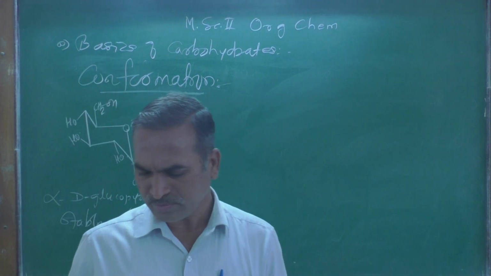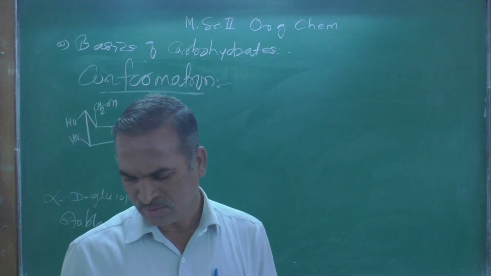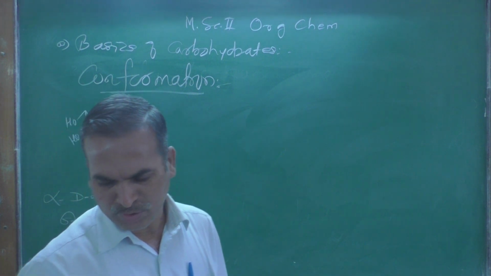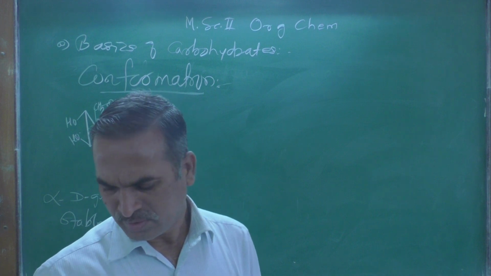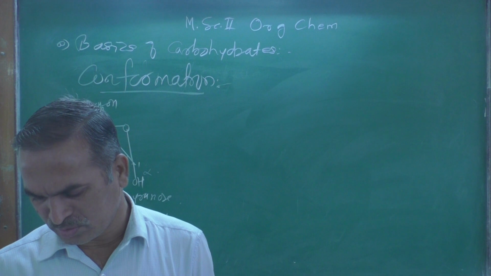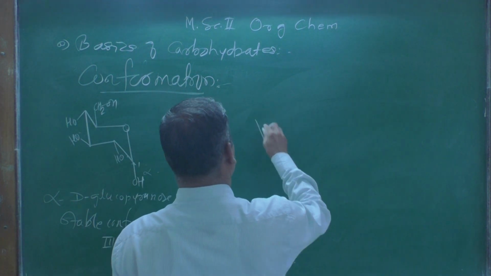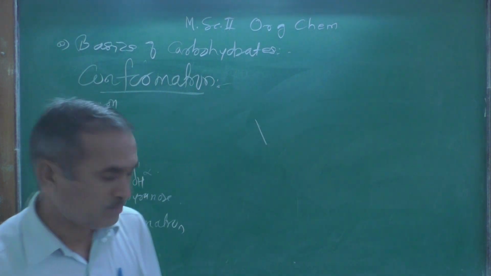Now, as we know, beta D glucopyranose is stable. Here again is another structure I am going to show.